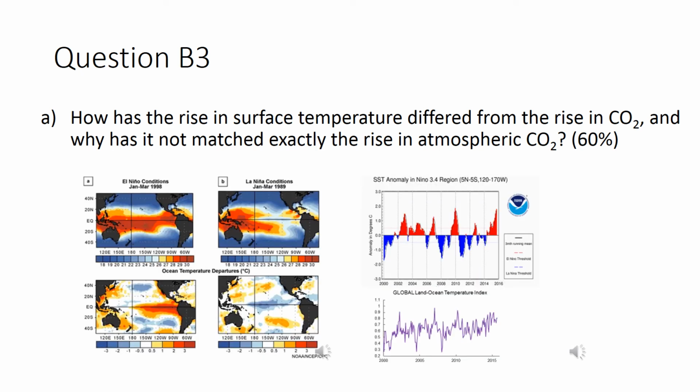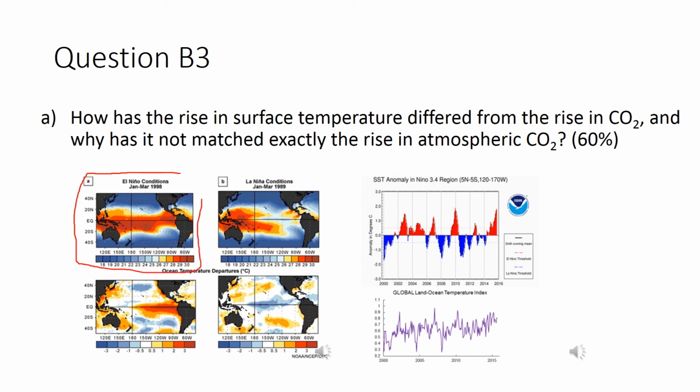Okay, and the other thing that you could have gone into talking about in this question is looking at some of the internal variability of the climate system. So some of the variability that we see in the temperature record is due to natural oscillations in the climate system, such as the El Nino Southern Oscillation here. So when we've got El Nino conditions, so this is El Nino conditions here.